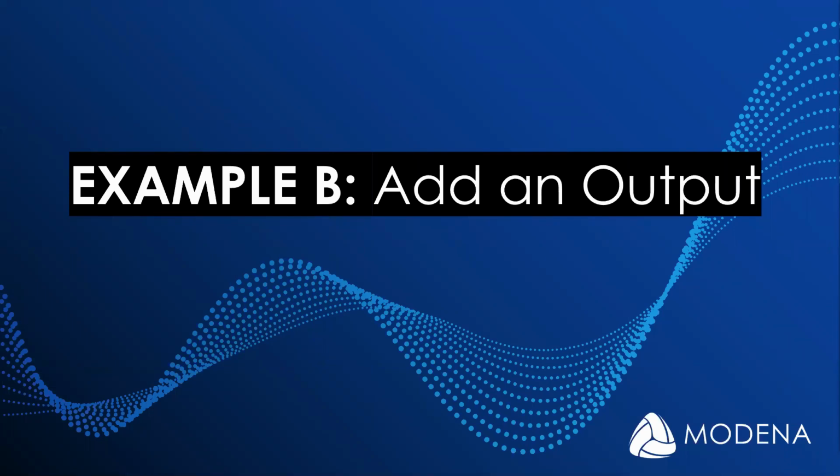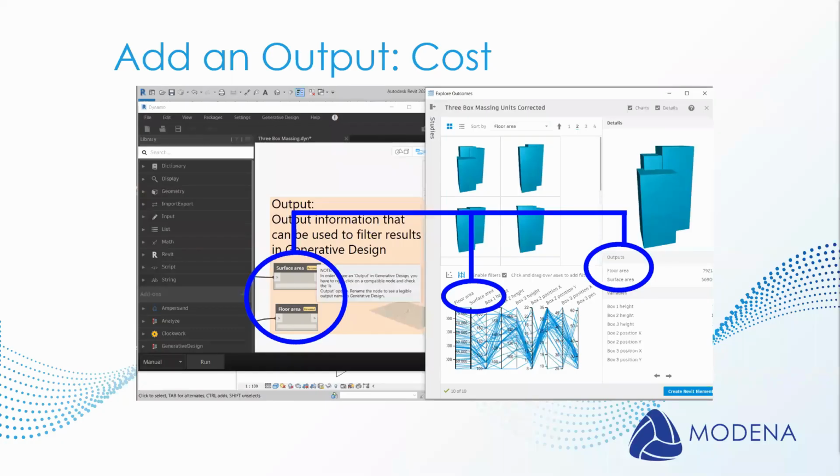Before we start with the next step, could you please explain what is an output in the context of generative design? Of course, an output is a setting you can add which can be used to validate the data after the algorithm has run. For example, if you'd like to know how the cost will be influenced by various examples, you can add a cost output.